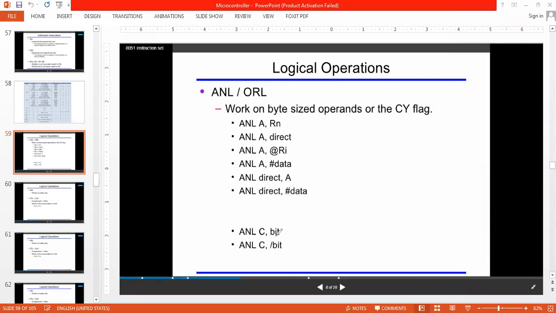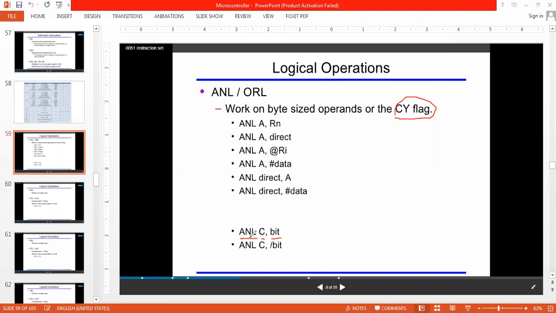Okay, I have one more instruction here: ANL C comma bit. That is why we can work upon the carry flag also, or a single bit. In the PSW register, the 7th bit is there. I can modify that; I can work AND logic upon that single bit.